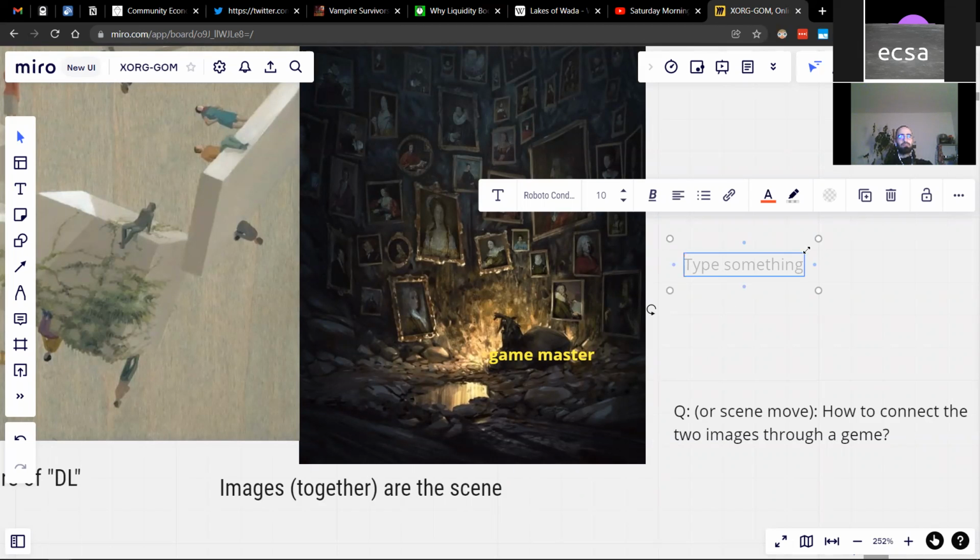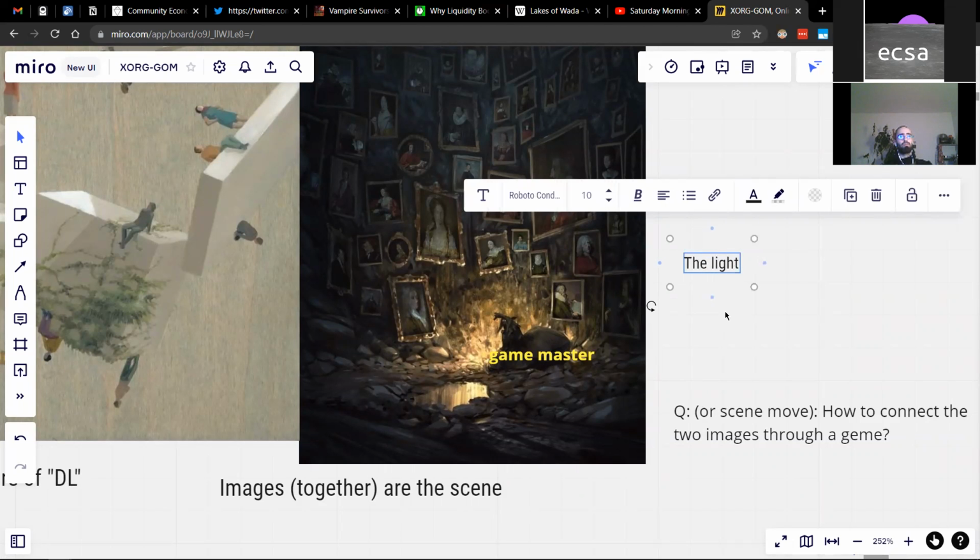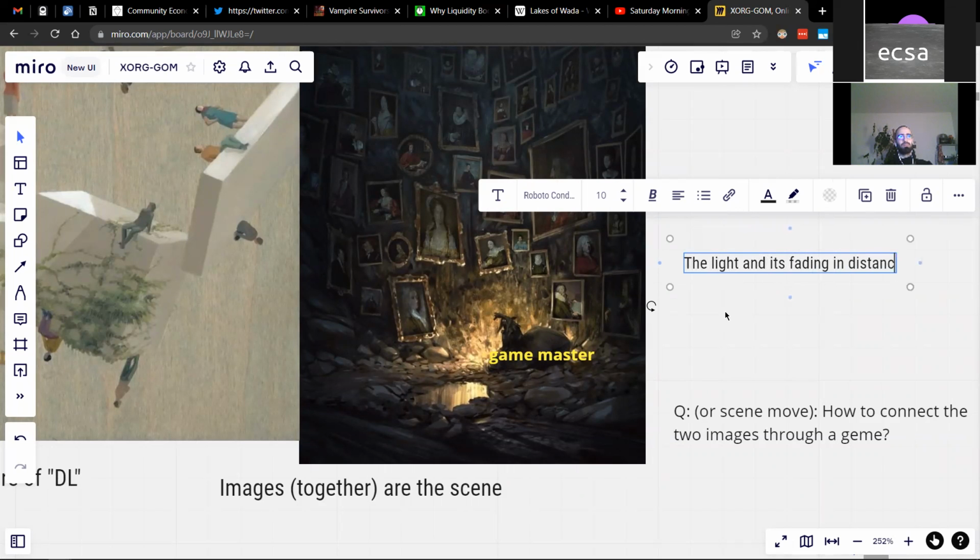This could be normal color because it's a side command. The light, and it's fading in distance, is a factor.